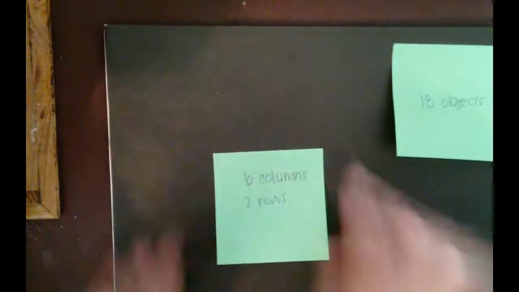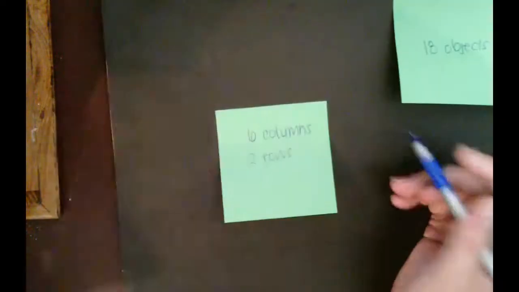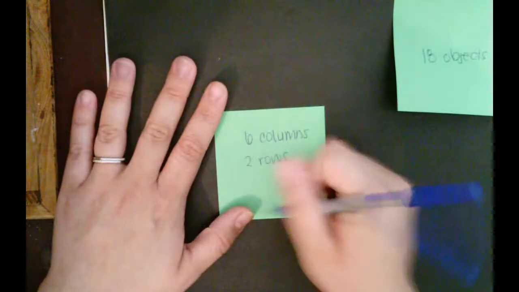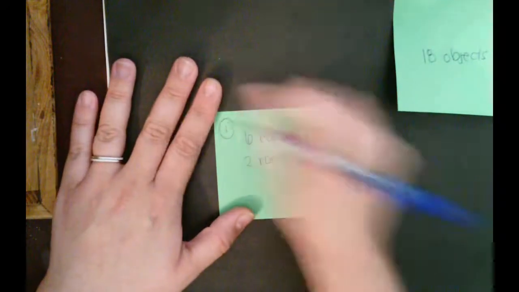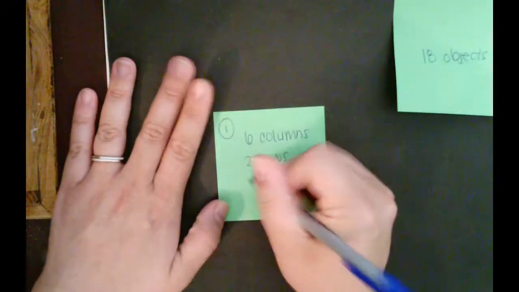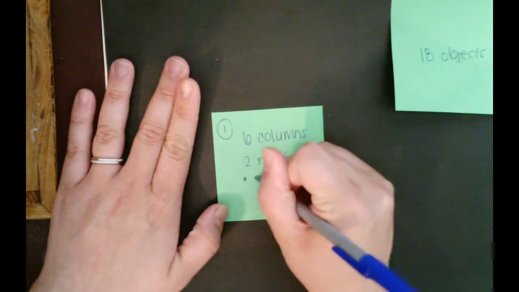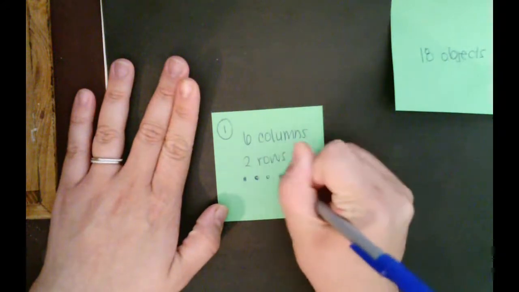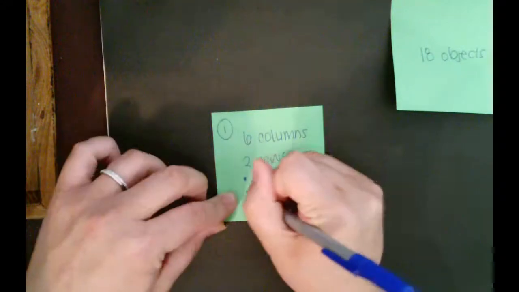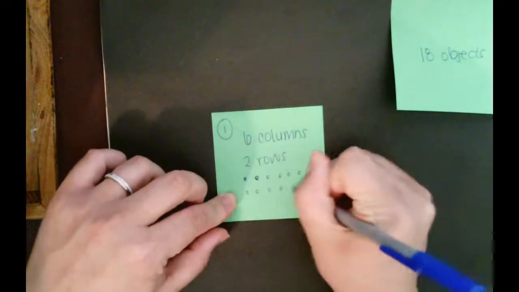If you don't have objects to use, I want you to draw your array. So here's the first example. This was number 1, 6 columns and 2 rows. So what I'm going to do is draw my array, 1, 2, 3, 4, 5, 6, and I need 2 rows. 1, 2, 3, 4, 5, 6.